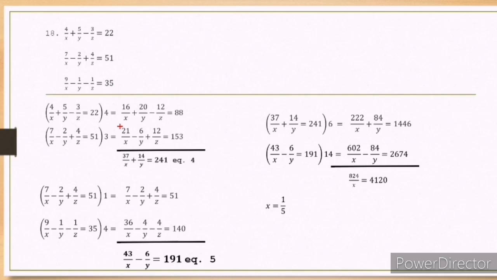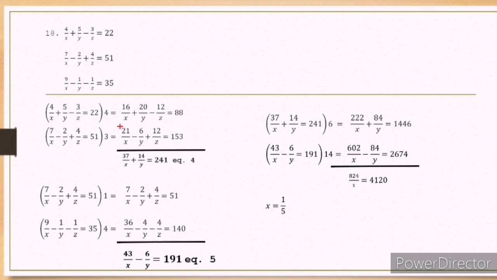Then 7 over x minus 2 over y plus 4 over z is equal to 51, multiplied by 3: 21 over x minus 6 over y plus 12 over z is equal to 153.